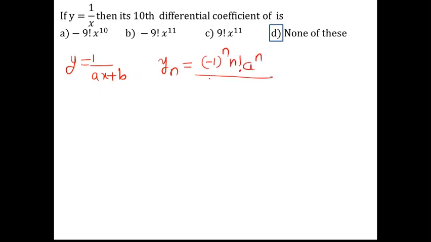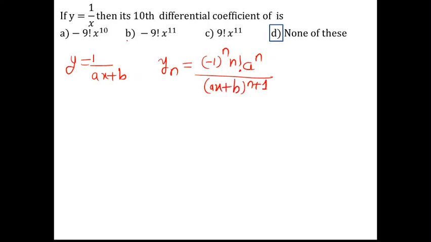While dealing with successive differentiation, we have seen the various standard formulae which are to be applied when we have a standard form of the function. This function is of the form 1 upon ax plus b, and in that case the nth derivative is given by minus 1 raised to n, n factorial, a raised to n upon ax plus b raised to n plus 1.